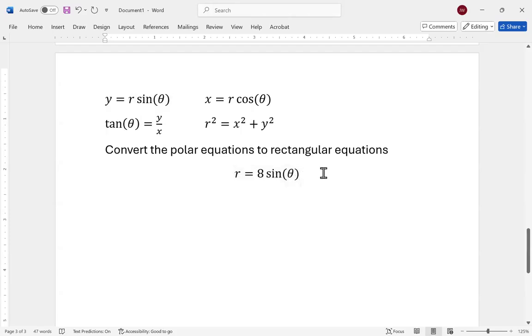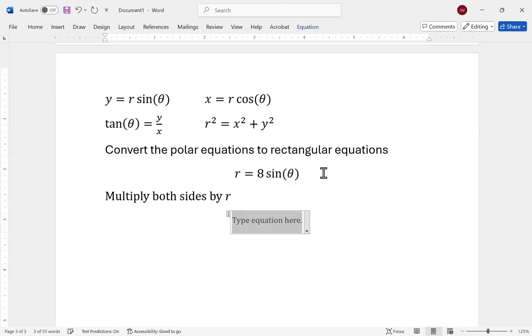Now, one way I can do that, and probably the easiest way, is to multiply both sides by r. If I multiply both sides by r, I get an r squared on the left-hand side, and I get 8r times sine of theta on the right-hand side.